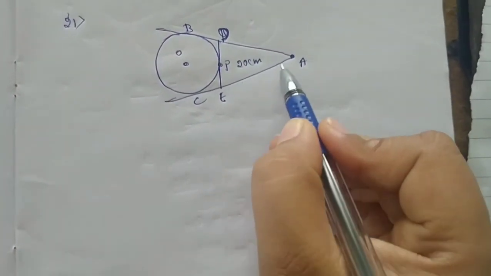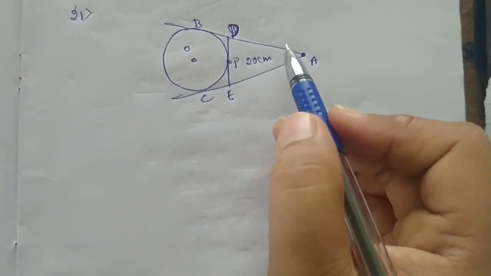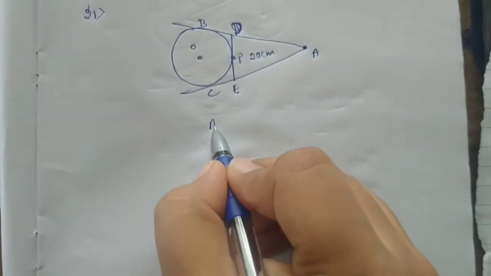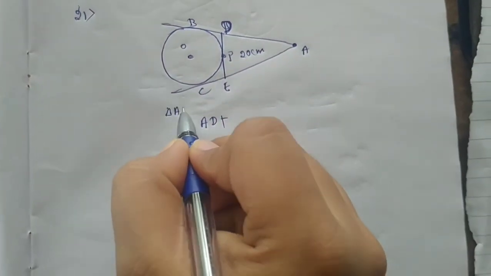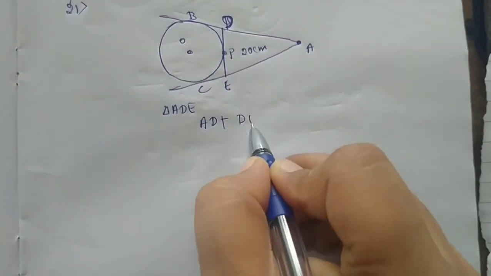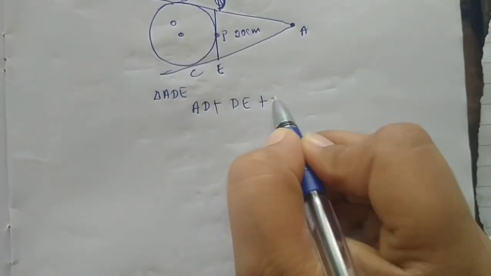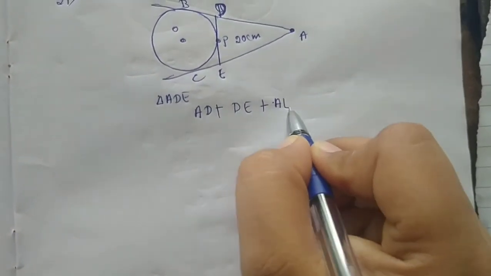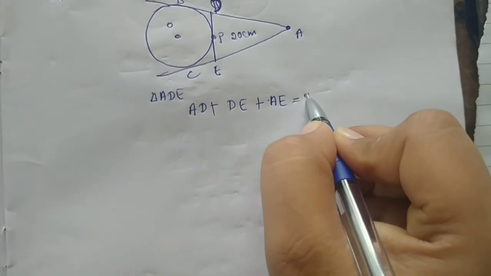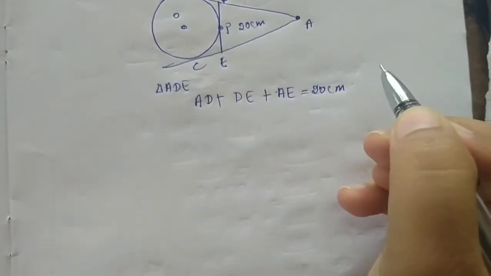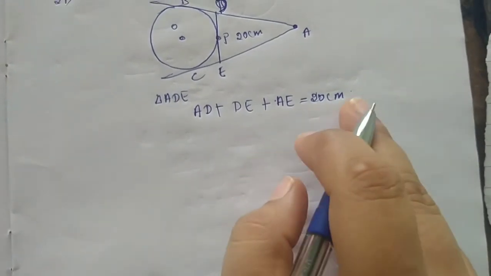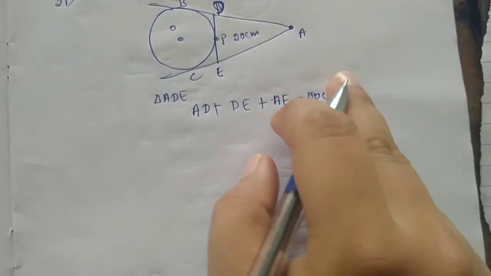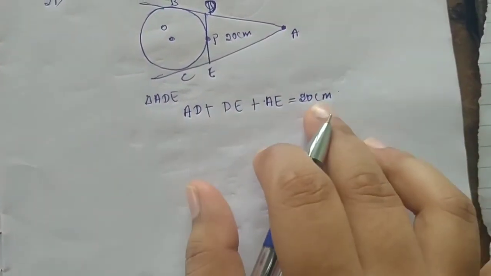So the perimeter can be written as AD plus DE plus AE equal to 20 centimeters.